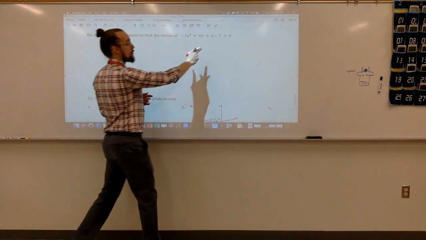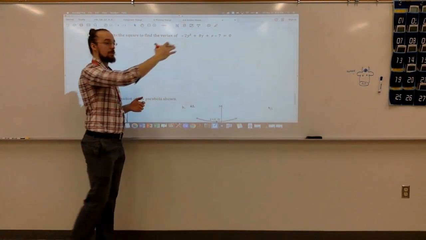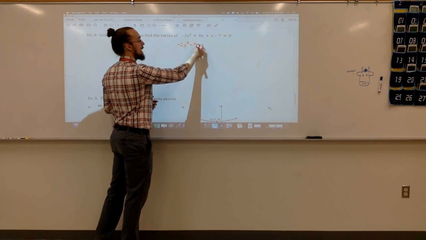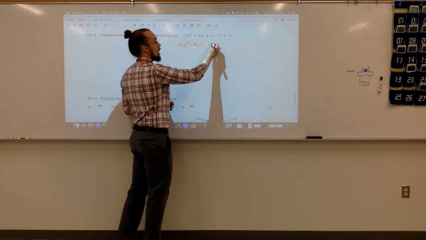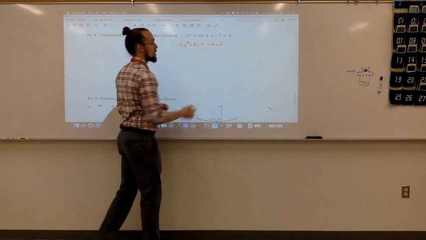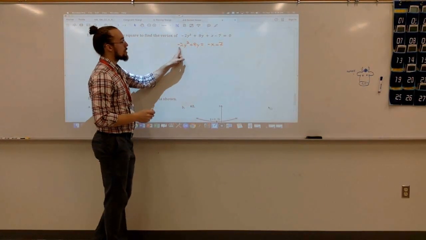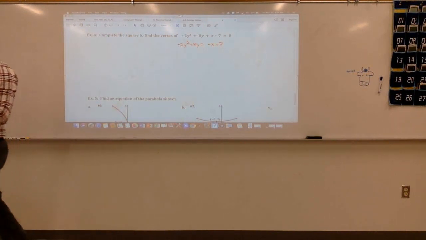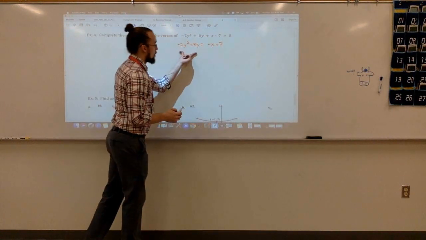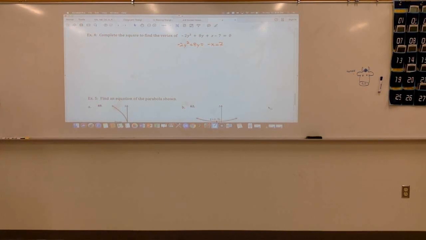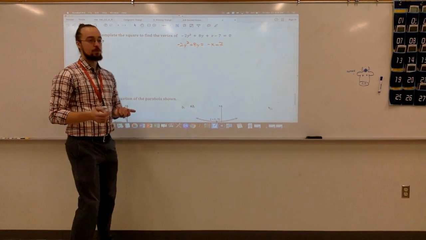So the first thing I'm going to do is move the x and the 7 over to the right side. I'm going to have -2y squared plus 8y equals -x plus 7. Now, to complete the square, we want the coefficient of the squared term to be +1. The easiest way to do that is to divide both sides of the equation by -2.